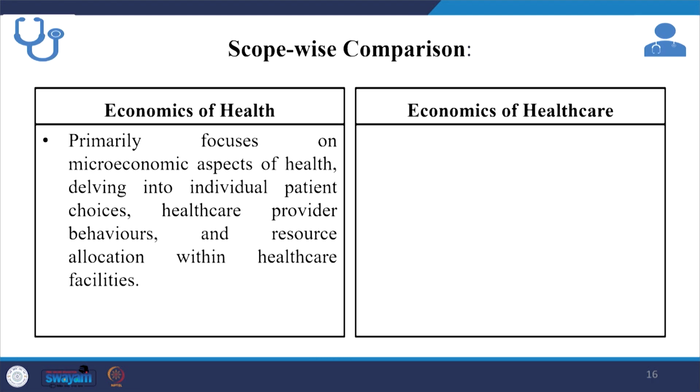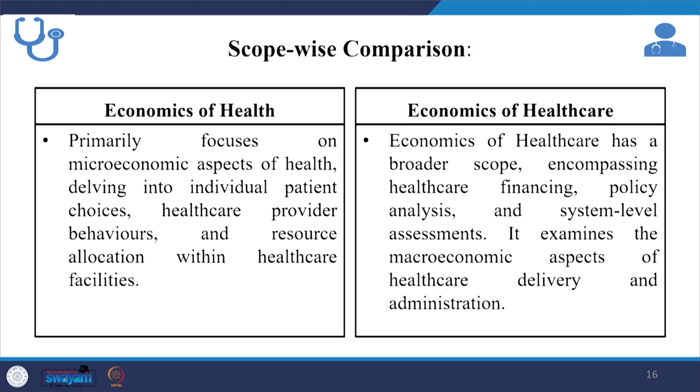So far as the scope-wise distinctions are concerned, in case of economics of health, the focus is on microeconomic aspects of health, delving into individual patient choices, healthcare provider behaviors and resource allocation within healthcare facilities. Whereas economics of healthcare has a broader scope, encompassing healthcare financing, policy analysis and system level assessment, and it examines the macroeconomic aspects of healthcare delivery and administration.